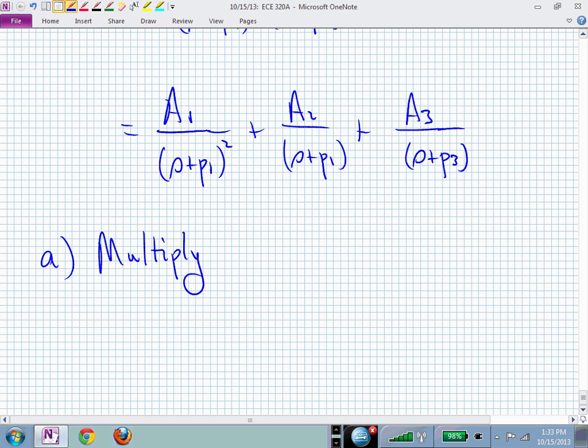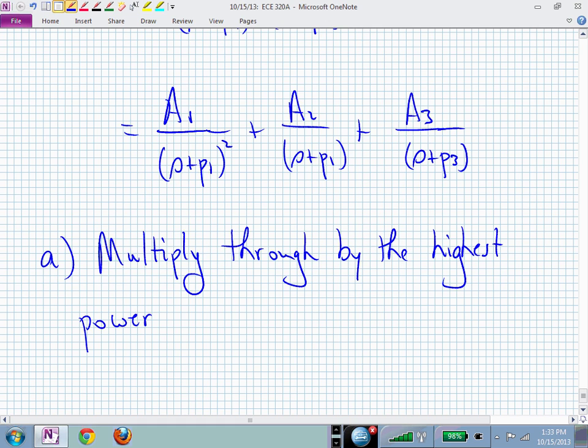So now we multiply through this expression by the highest power of the repeated root factor.